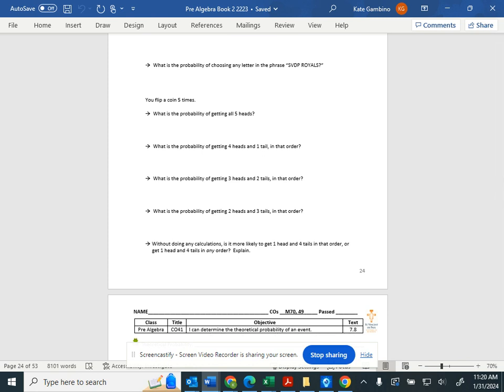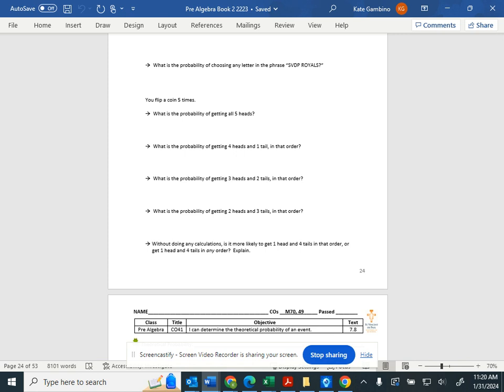So what is the probability of getting all 5 heads? The first thing you have to ask yourself is how many possible outcomes is that? If we're flipping a coin 5 times, how many possible outcomes is it? It is 2 to the 5th.